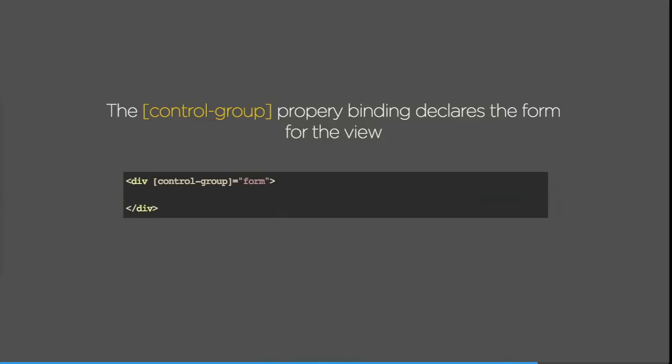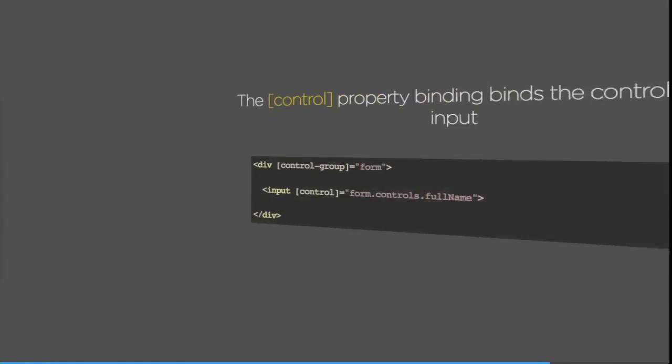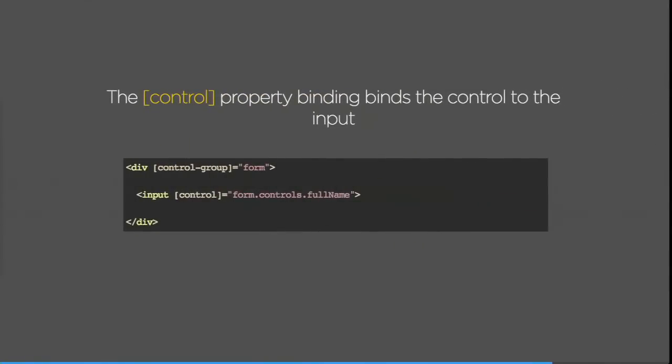So we've stated that our form goes onto the view, and now we can bind the individual controls. So just as we use the control group property binding, we're going to use the control property binding here. And we'll tap into form.controls.fullname. This will essentially bind the full name control into our text box.